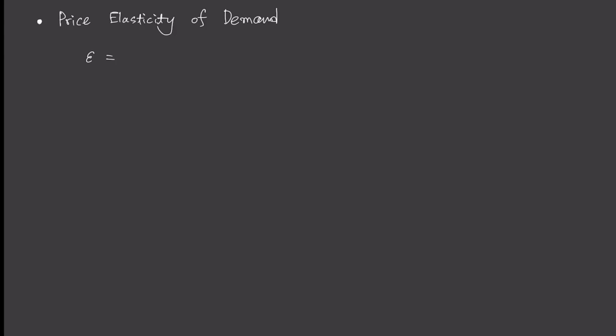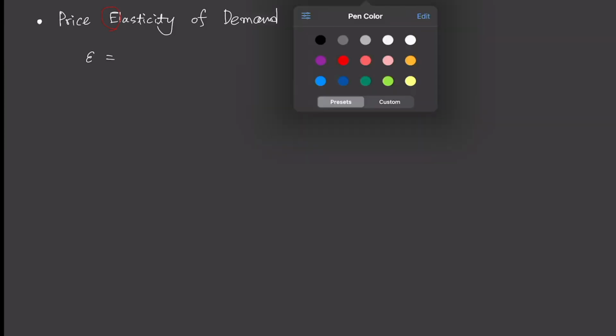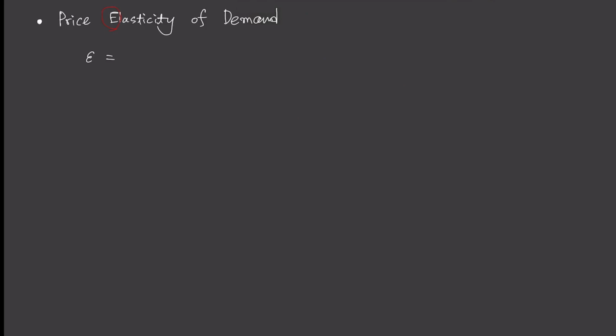We could use E for price elasticity, but E is already taken in economics as equilibrium or initial. So we are going to use the Greek letter epsilon as the conventional notation of elasticity.